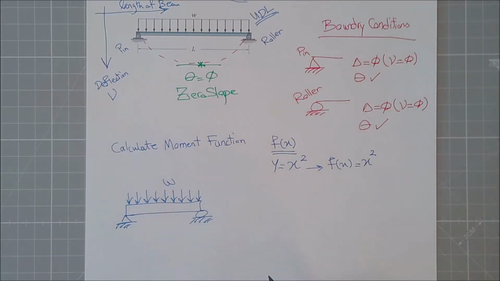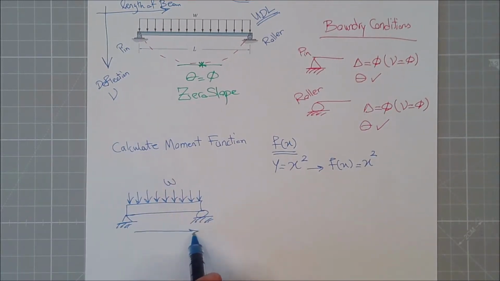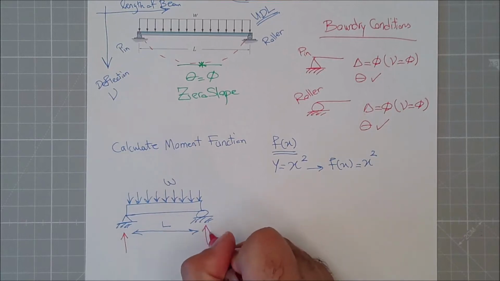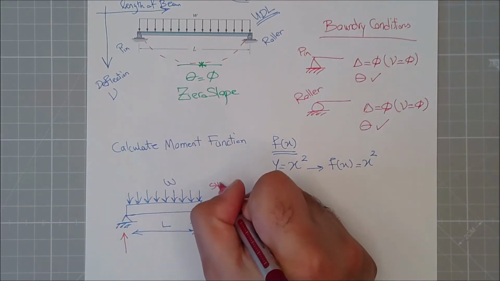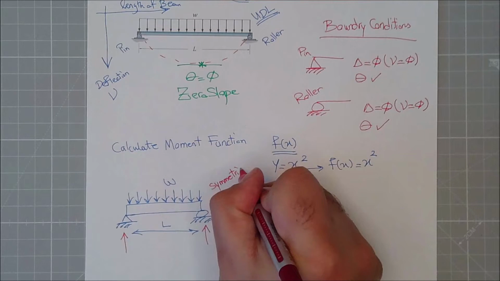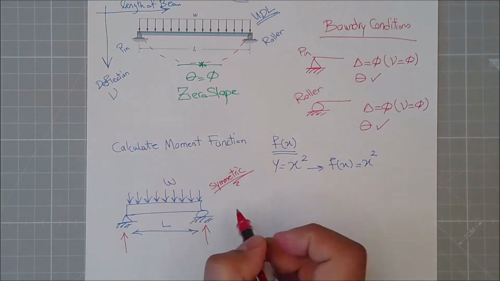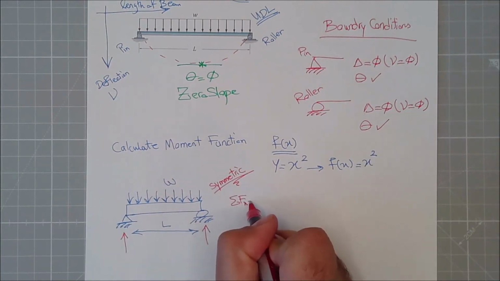It's a W, and this is a length of L. If you calculate the reactions, because it's symmetric, this is W times L divided by 2, and this is W times L divided by 2. By this time you have calculated so many cases that you are much faster. If not, you can use the equations that we had.